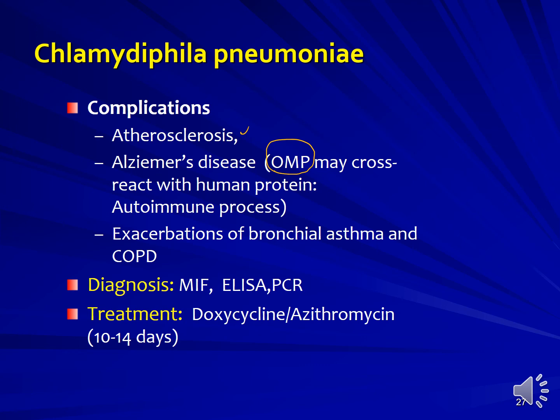It is also responsible for exacerbations of bronchial asthma and other chronic obstructive pulmonary diseases. Diagnosis is based on microimmunofluorescence test, ELISA and PCR test, but the best test is PCR compared to the others. Treatment is with doxycycline or erythromycin for 10 to 14 days.